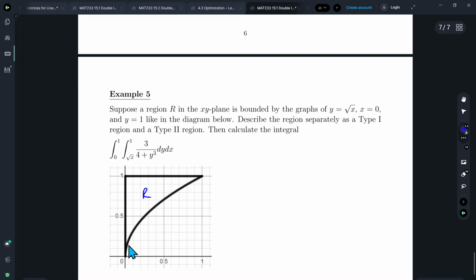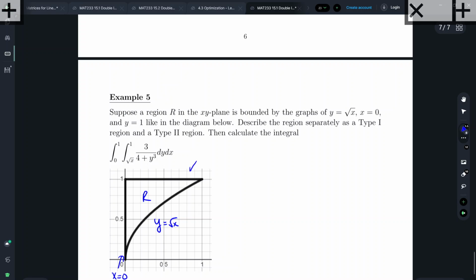So y equals square root of x is this curve here, and x equals 0 is this boundary on the left here, and then y equals 1 is this boundary at the top here. Okay, so in this example, this region can be described as a type 1 region or a type 2 region.